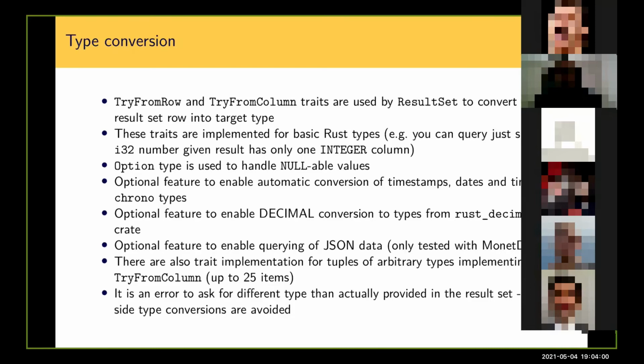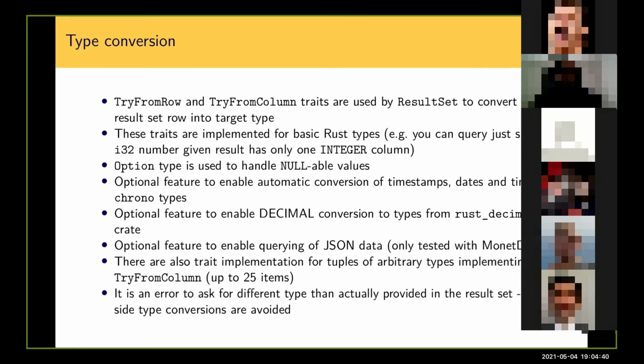That was actually contributed to me, and it uses the rust_decimal crate to represent decimals on the Rust side. The implementation is a bit hacky because it just goes through a string representation, but it works well enough for what I needed. I made it an optional feature because it might not be the most performant way to do things, but you can still query tables, like select star from something that has decimals, and get a good result out of this.